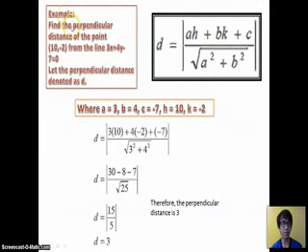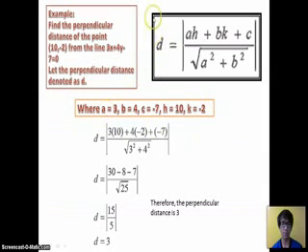So here's the example question. Find the perpendicular distance of the point 10, -2 from the line 3x plus 4y minus 7 equals 0. Let the perpendicular distance be d. After we analyze the question, we can get the data and write it out so it is clearer.